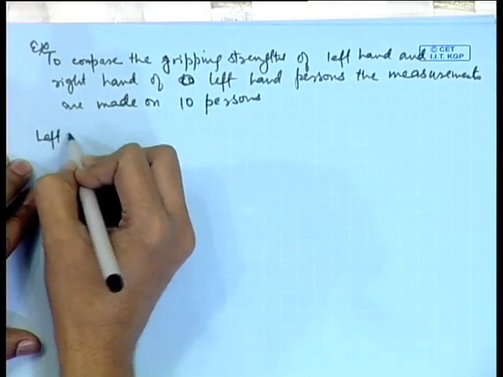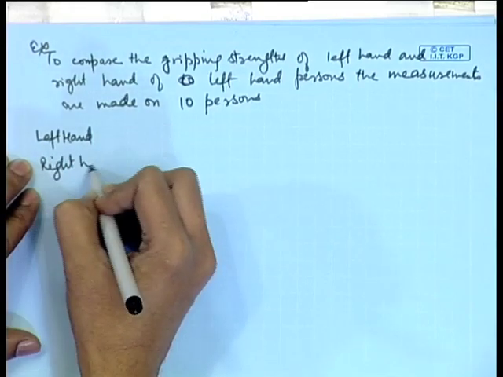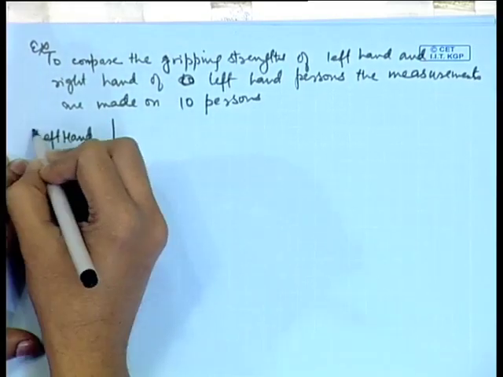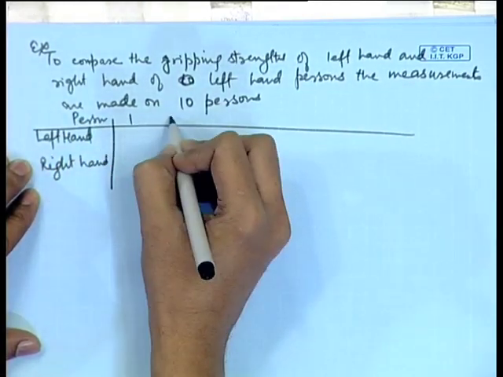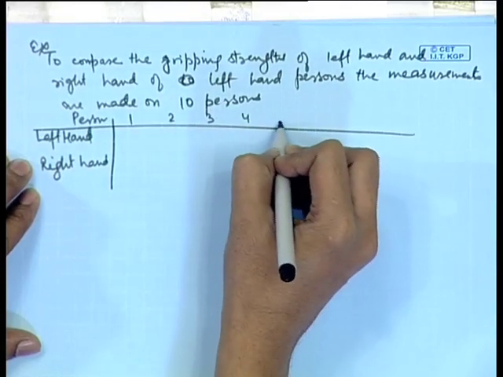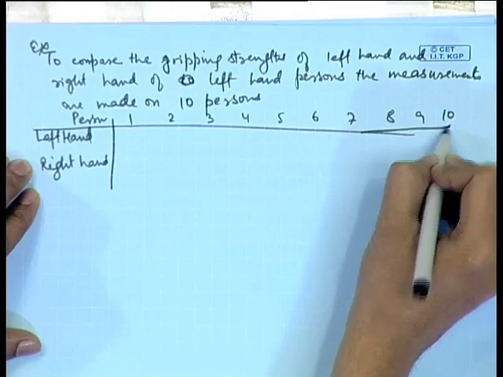So, left hand and right hand. And we have persons 1, 2, 3, 4, 5, 6, 7, 8, 9 and 10.